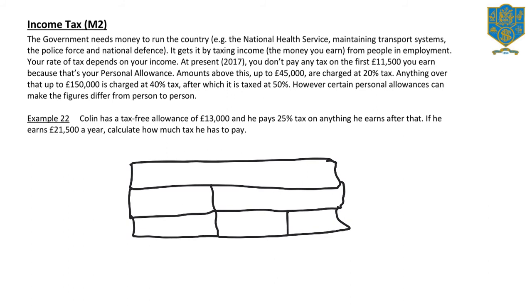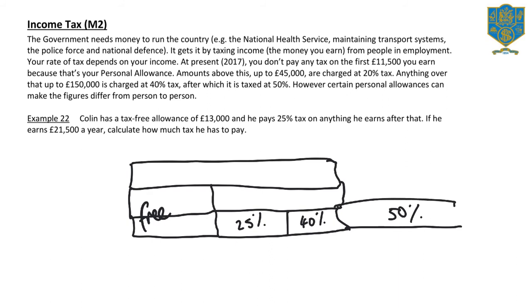And no matter what income you earn, you always receive the tax-free portion. So if you're earning £1 million a week, you'll still have part of it tax-free. You'll then fill up the small percentage amount first of all, so it might be 25%. And then you go into the next category and you put in your 40%. And if you're super wealthy, you may go into another tax bracket of 50% or perhaps even more.